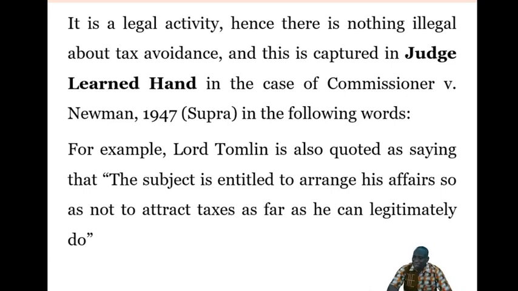Lord Tomlin is quoted as saying that the subject is entitled to arrange his affairs so as not to attract taxes as far as he can legitimately do. I decided not to bring the other quote because it is too long, but I want the one you can easily remember, and that is the one for Lord Tomlin.